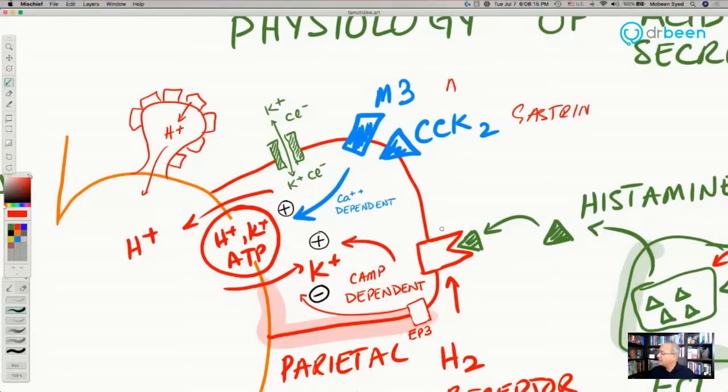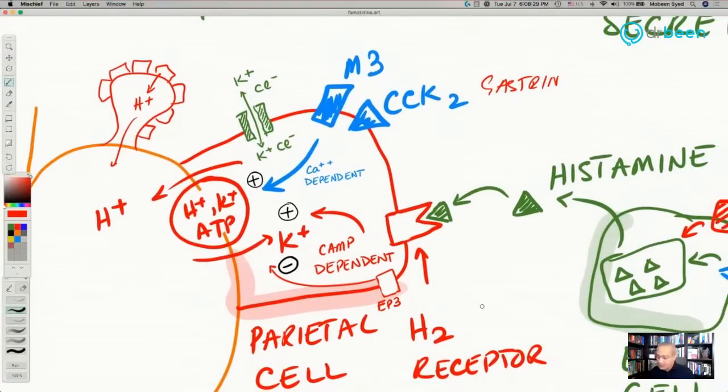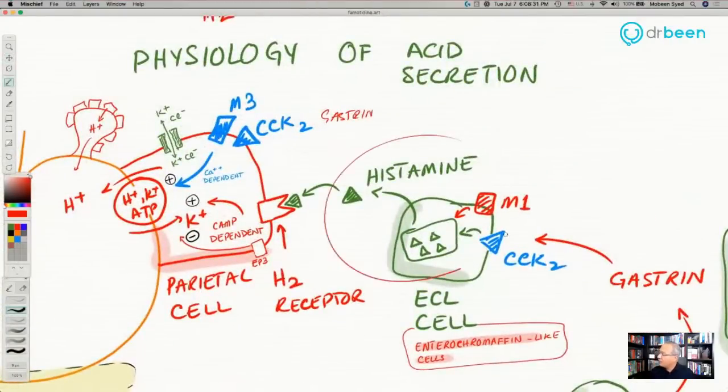The point here is that there are more than the histamine receptors that would help trigger the parietal cell to produce the hydrogen ions. Now the question is, where does this histamine come from?